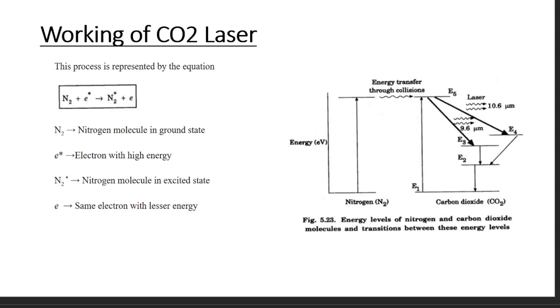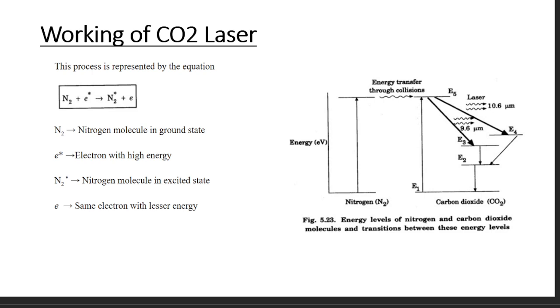So what is this N2? N2 is the nitrogen molecule in the ground state. e* is an electron with high energy. And N2* is the nitrogen molecule in the excited state. So this excited nitrogen molecule will collide with and transfer its energy to the CO2 molecule.